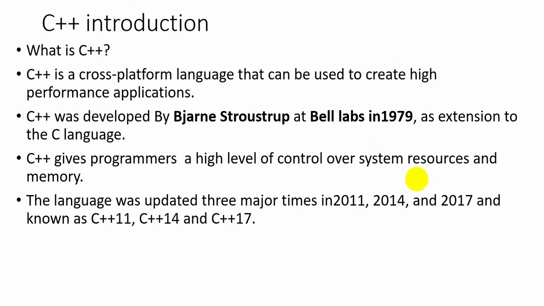As you know, C++ comes from the C language, so C++ gives programmers a high level of control over system resources and memory. The language was updated three major times: 2011, 2014 and 2017.